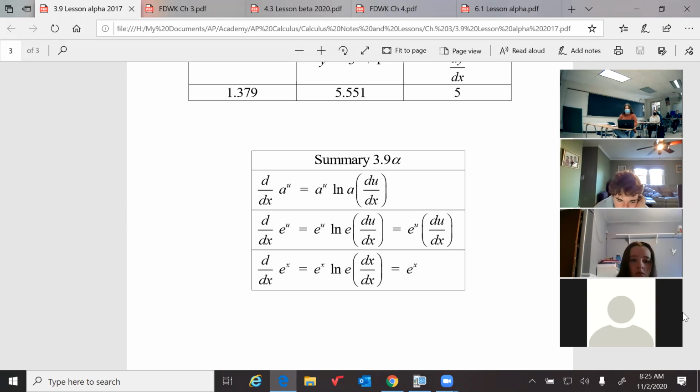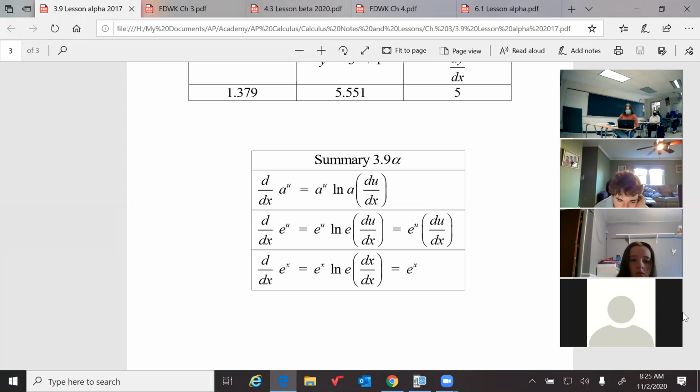You know what the derivative of a to the u is. Now, the differentiation of this is going to come back up when we do anti-differentiation. You want to go forward with this first, and then you have to undo it.